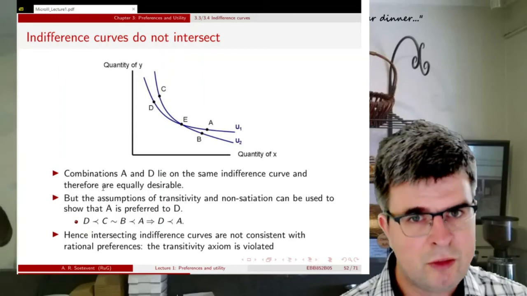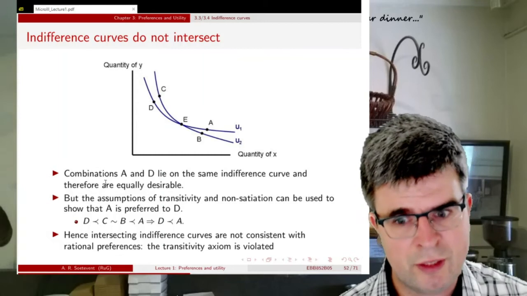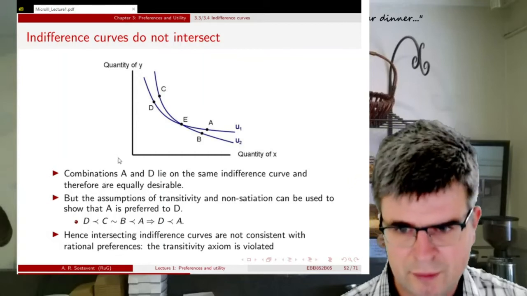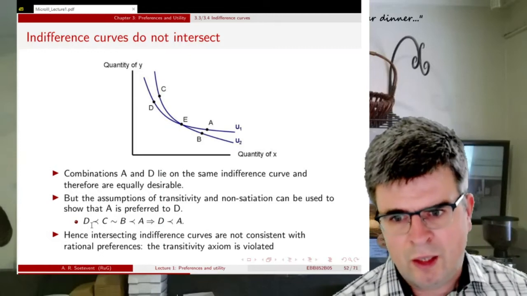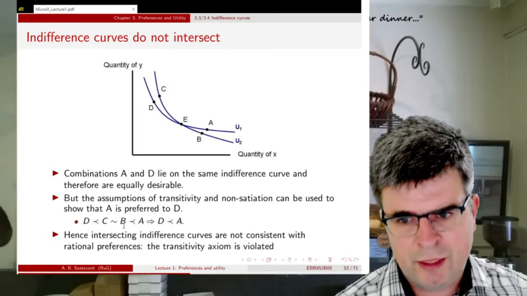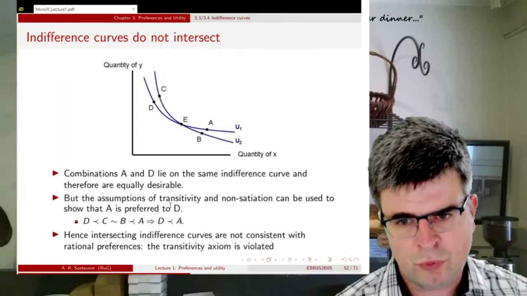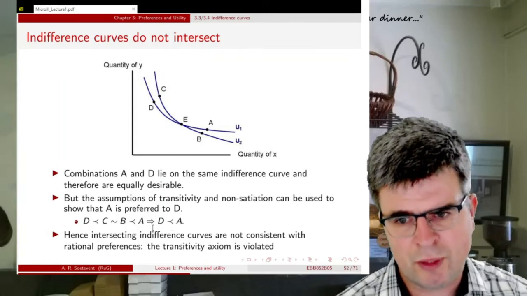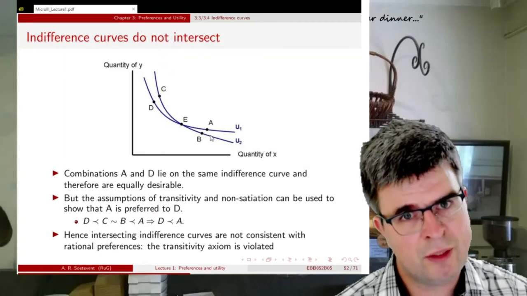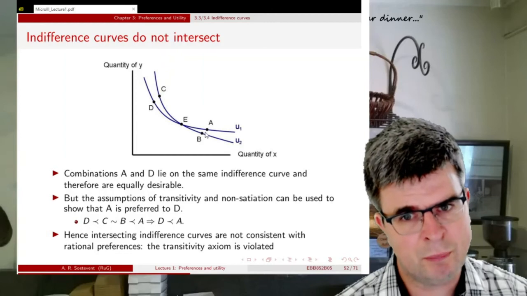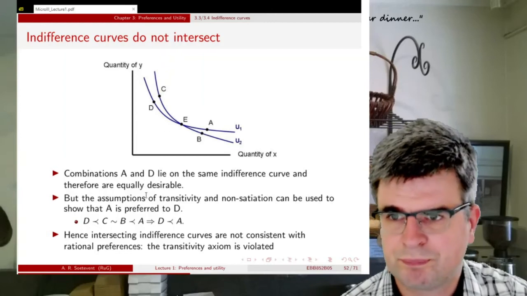The nature of the inconsistency is that the transitivity axiom is violated. If you strictly prefer C over D and A over B, then it should follow from transitivity that you strictly prefer A over D, but the picture shows that this isn't true because the person is indifferent between the two.